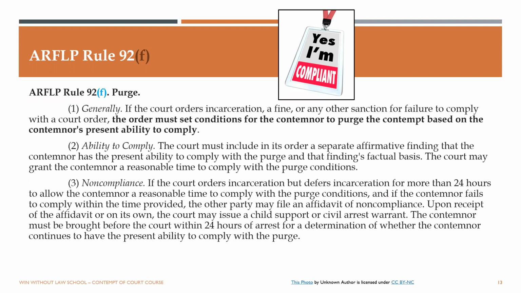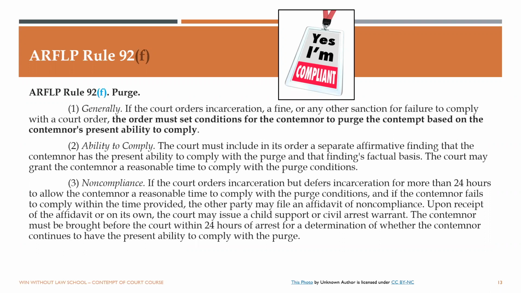Now, if the court orders incarceration but defers incarceration for more than 24 hours to allow a reasonable time to comply, and if there's still a failure to comply within the time provided, the other party may file an affidavit of noncompliance. Upon receipt of the affidavit or on its own, the court may issue a child support or civil arrest warrant.